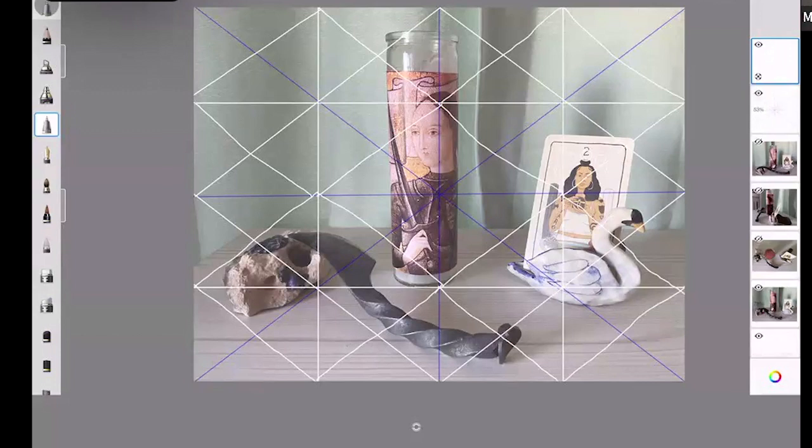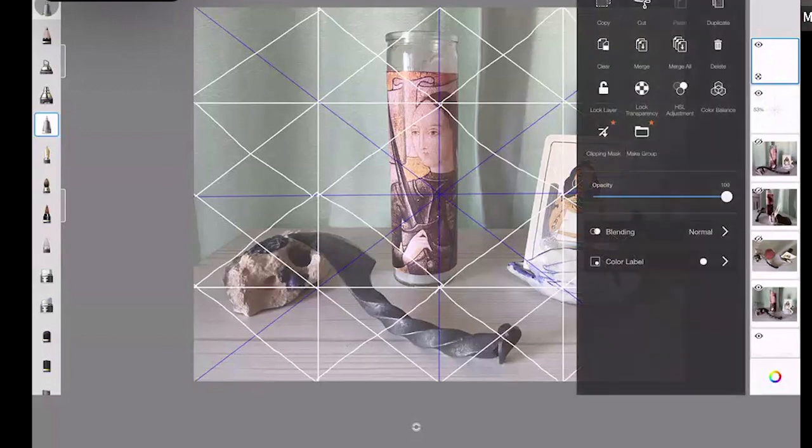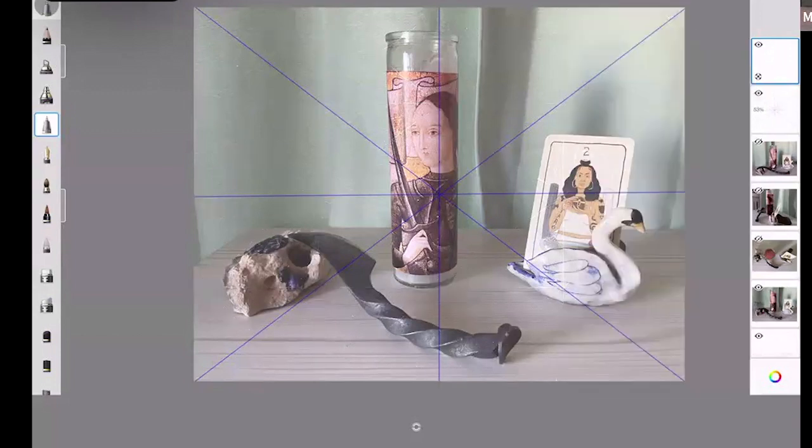So let's say I've made that decision of how to distribute my forms, because it's right here. I divided the space and I'm looking at the space. I'm thinking, where is the candle to the center? Where is the swan to the center? Where is the tarot card to the center? Where is the altar knife to the center? Where is the rock to the center?